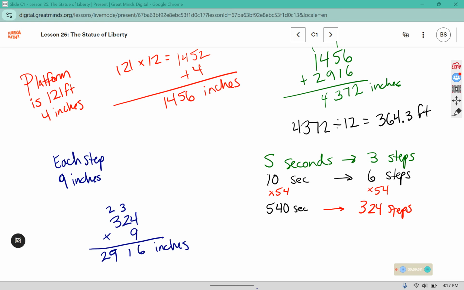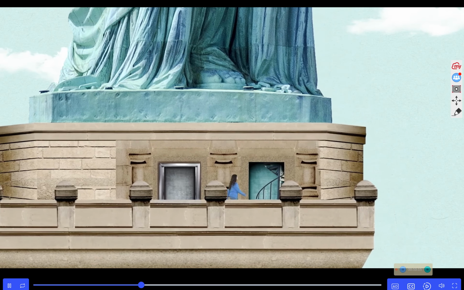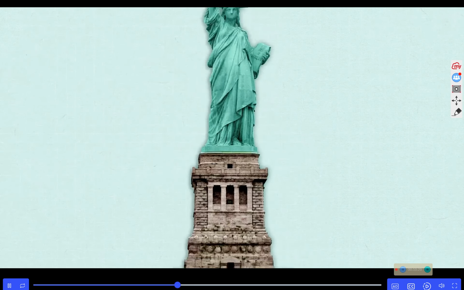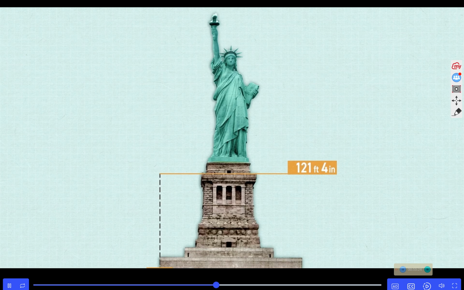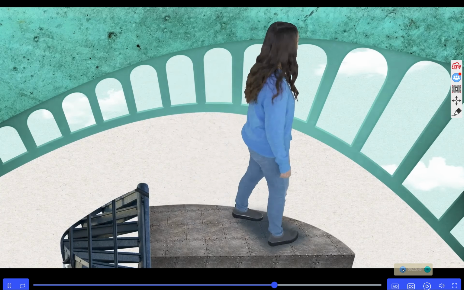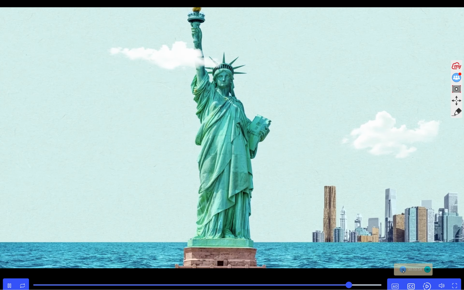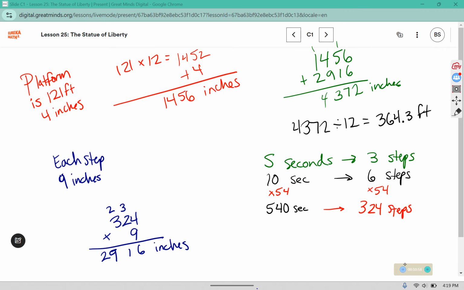Let's check and see if our approximation is close. So our approximation was off.